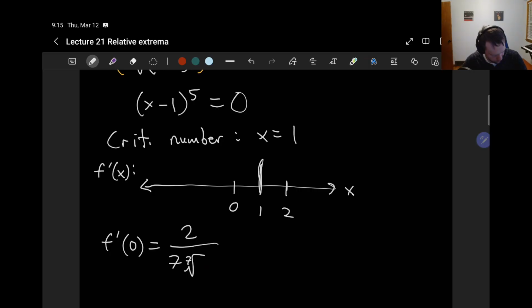Okay, it was x minus 1, so this is negative 1 to the fifth and 7th root. Because these are all odd numbers, 5 and 7, that'll turn out to be negative. I'm taking negative 1 to the fifth, that's still negative 1. I take the 7th root of negative 1, still negative 1.